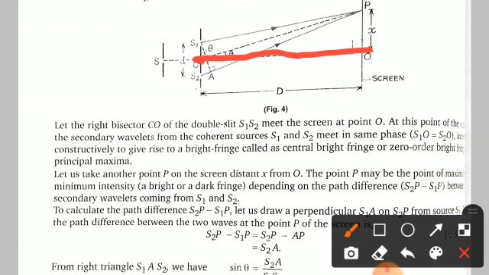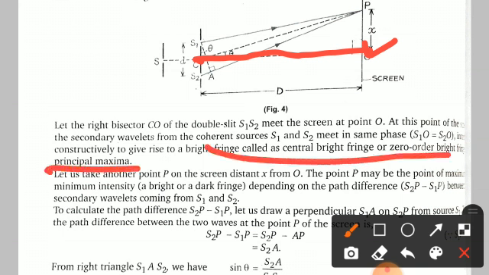Fine. Both interfere constructively to give rise to a bright fringe called the central bright fringe or zero order bright fringe. This is the principal maxima. So, at the point O, you will get the central bright fringe, the maximum intensity of light, or the zero order fringe.